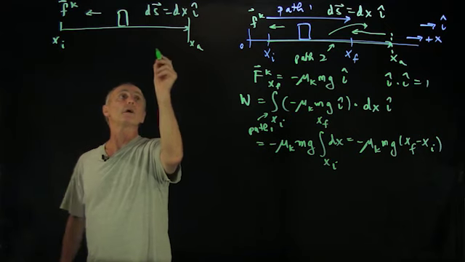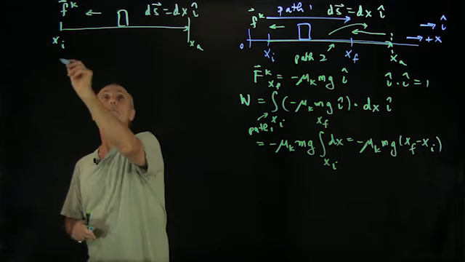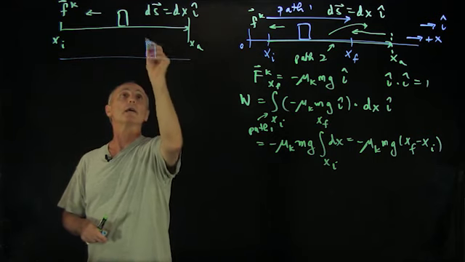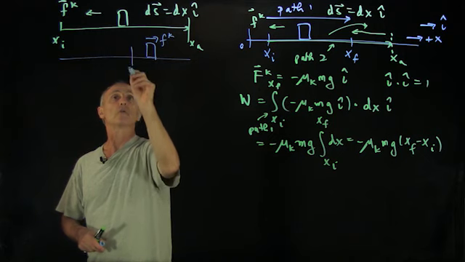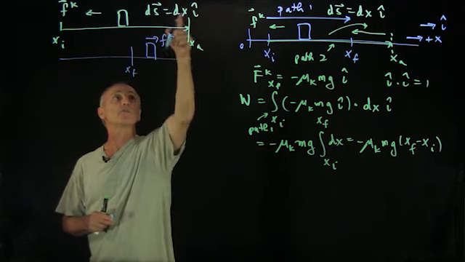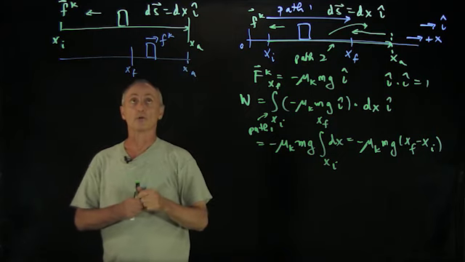And then when we're coming back, I'll put that in a different color, and I'll put it below it. So when we come back, notice the friction force is going to change direction. ds will still be written that way, but pay close attention to the endpoints of the integral.